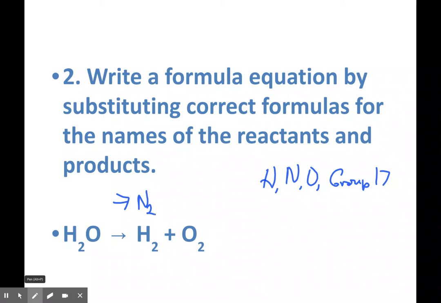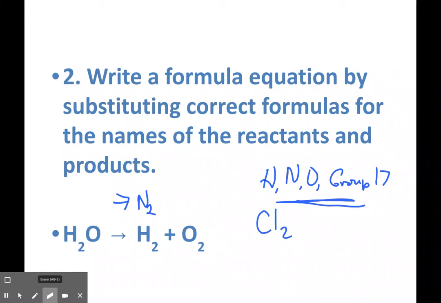But if it is just one of these substances by themselves, for example, chlorine is in group 17. If you have chlorine produced, you would have to write it as Cl2. So make sure you know these diatomic molecules.